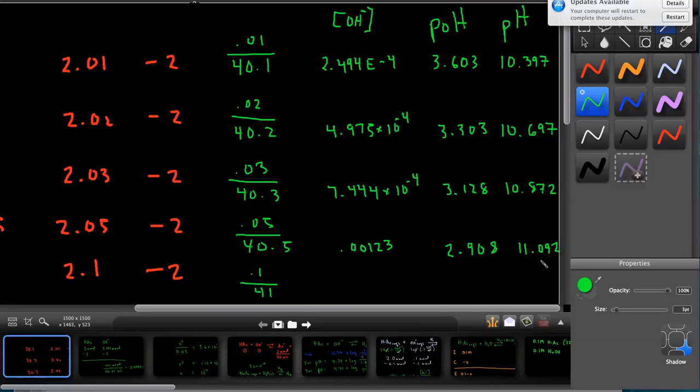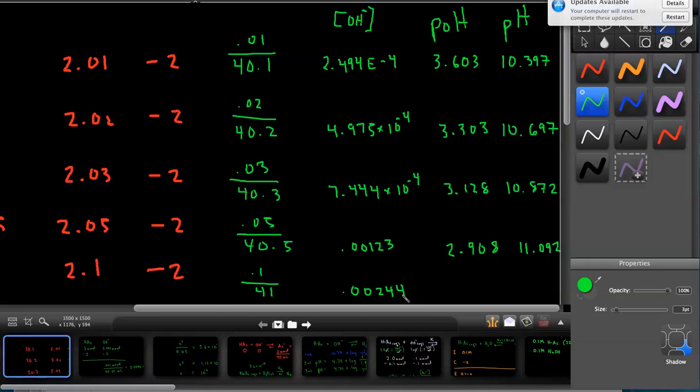And finally, 0.1 divided by 41 is 0.00244. pOH 2.613 with a pH of 11.387. All right, I know that was boring.